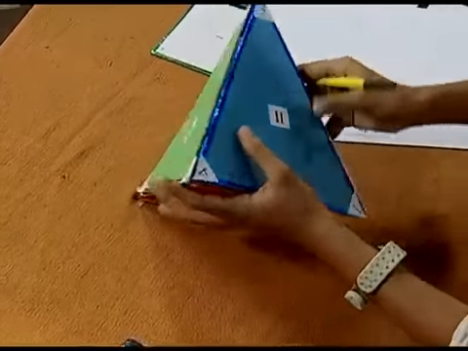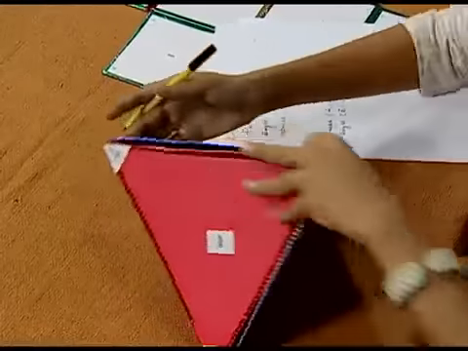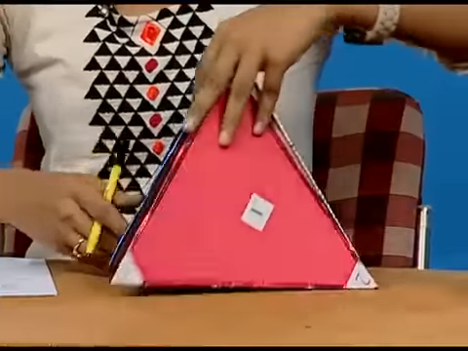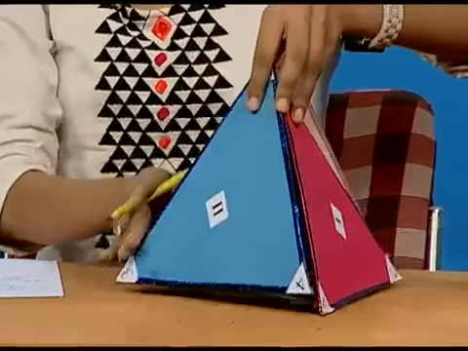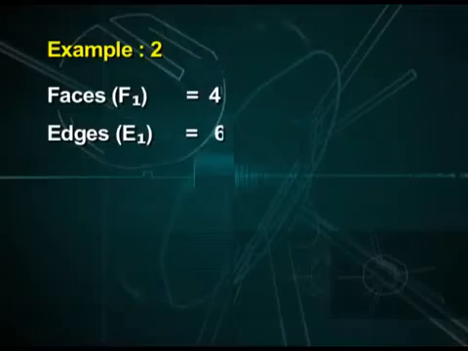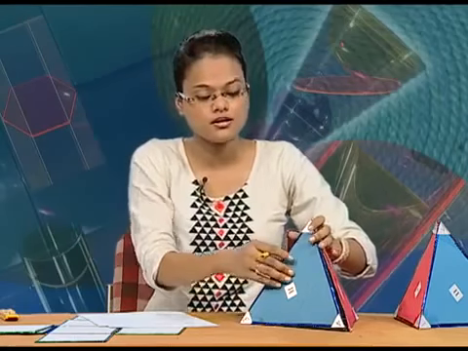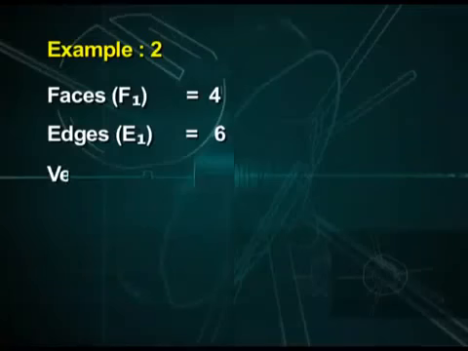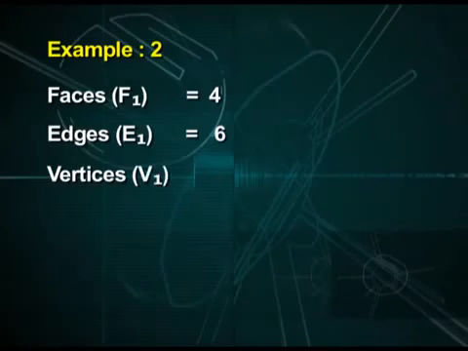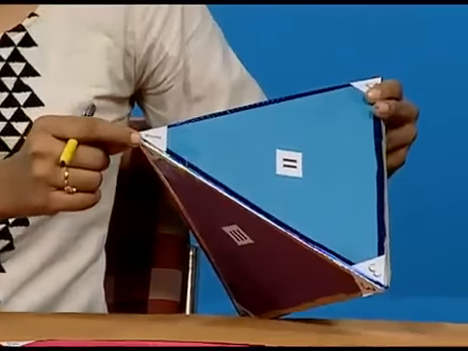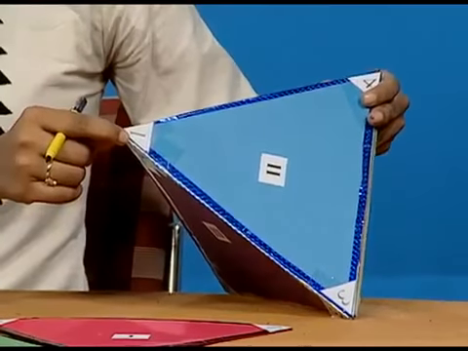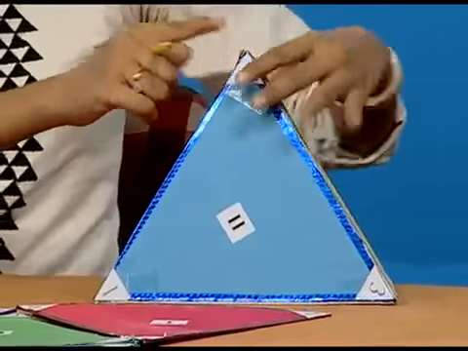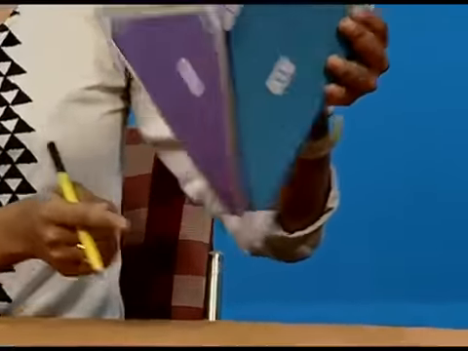Again, as you can see, 1, 2, 3, 4, 5 and 6. So, the total number of edges in a tetrahedron is 6. Now, vertices. Let us denote it with V1. In this tetrahedron, the edges are meeting again at a common point. So, how many vertices are there? 1, 2, 3 and 4.